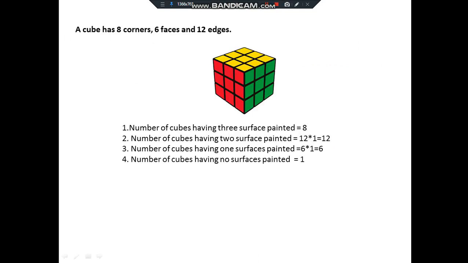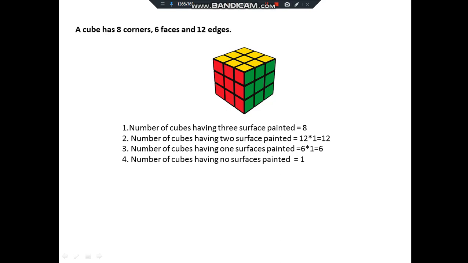So we have seen some of the important terms that we have to know about a cube. Now we'll see how to solve a painted cube. For example, I have taken a 3 by 3 cube. I will explain using this and help you solve the kind of questions that will be asked, and I will give you some other questions for practice.